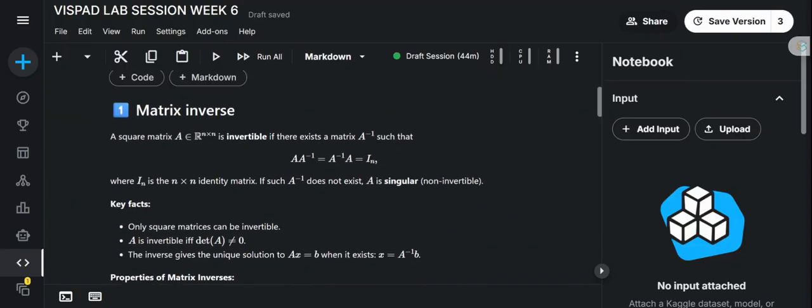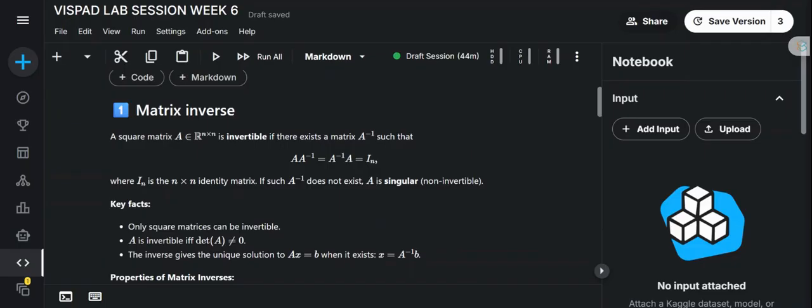So matrix inverse is similar to the inverse of any real or natural number. For example, if you have a number of value, let's say 3, the inverse of 3 is 1 over 3, or 3 raised to the power negative 1. It is a similar concept in matrices.